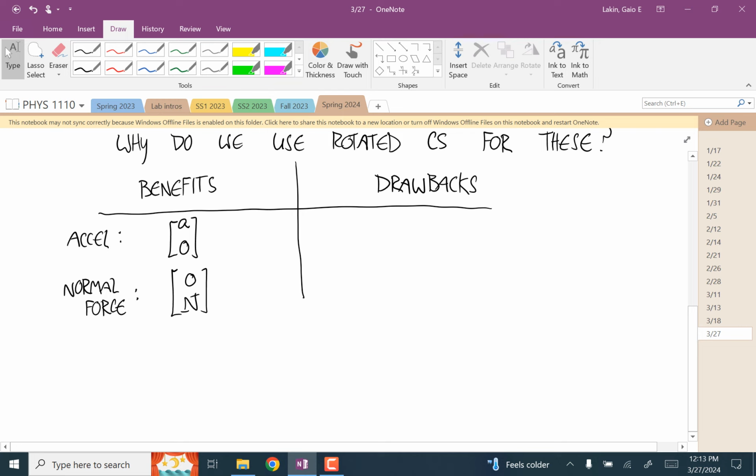Then the third one is with sliding problems, we might have friction we have to deal with. The friction always acts along the surface, and so this is going to be plus or minus the coefficient of friction times the normal force for an x component, and then 0 for a y component.